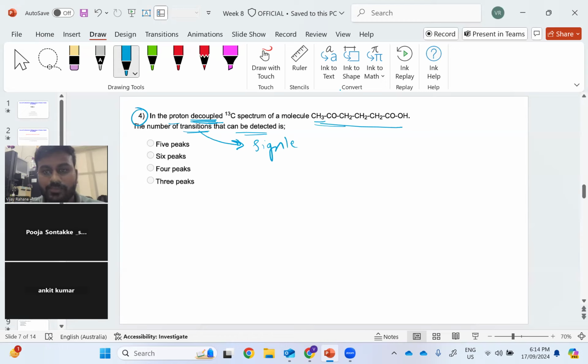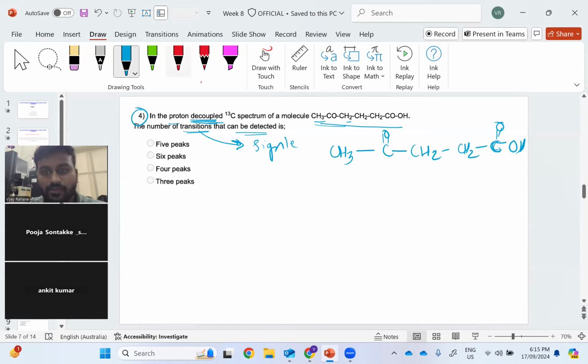So if you look at the structure of this molecule, it has one carbon, then another carbon, further CH2, right?